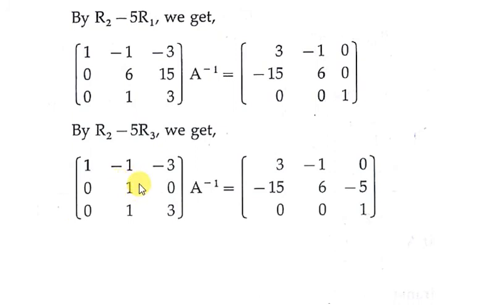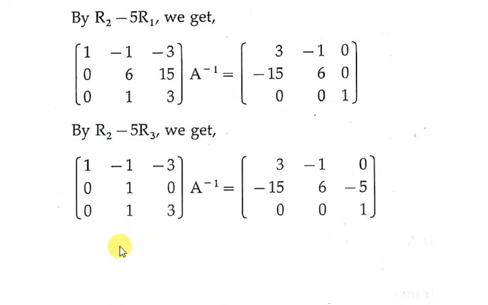Now we have to make the remaining values of the second column 0. That is, A12 (that is, A minus 1) must be 0 and A32 must be 0. We are going to change these values to 0 by using the middle value 1, that is, the second row. In the first row, if we add the second row, the result will be 0. And in the third row, if we subtract the second row from the third row, we will get 0.